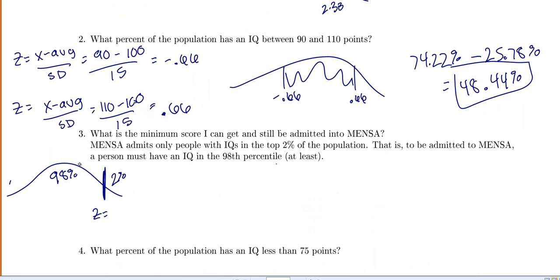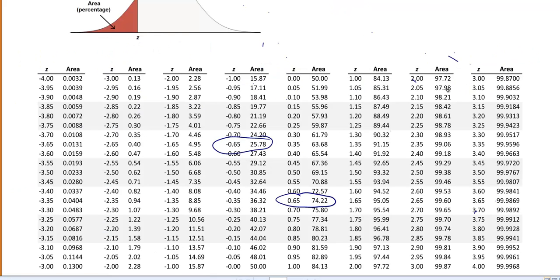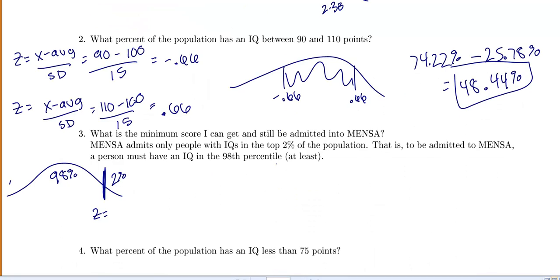But because our table only uses areas to the left, we're going to look up 98%. So look at the areas for 98%. Oh, this one's actually really close. Z equals 2.05 for an area of 97.98. So z equals 2.05. Now we need to change back to an x. So x equals our average plus the number of standard deviations we are times the actual standard deviation.